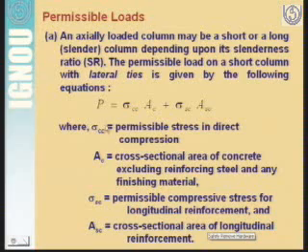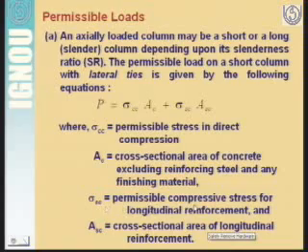But here, this formula you see is the working stress method, where sigma cc is the permissible stress in direct compression, which you can find in the code. Code gives the value of sigma cc for various grades of concrete. AC is the cross-sectional area of the concrete excluding reinforcing steel and any finishing material. Means this is purely the cross-sectional area of the concrete excluding the reinforcement.